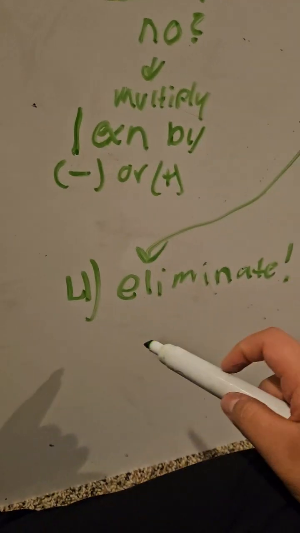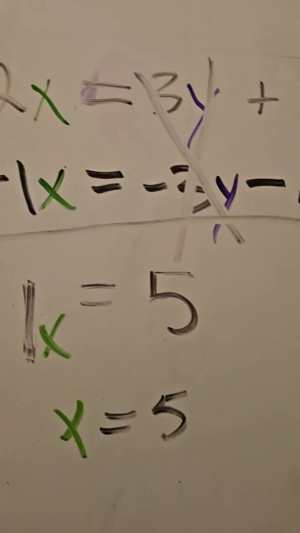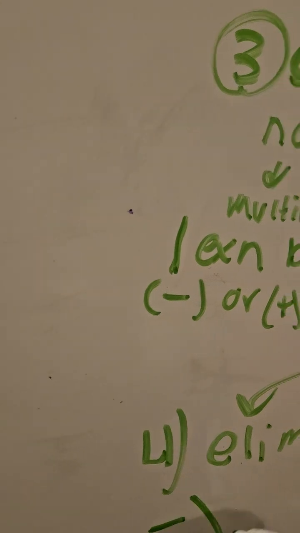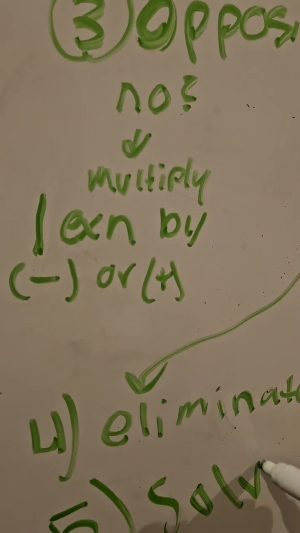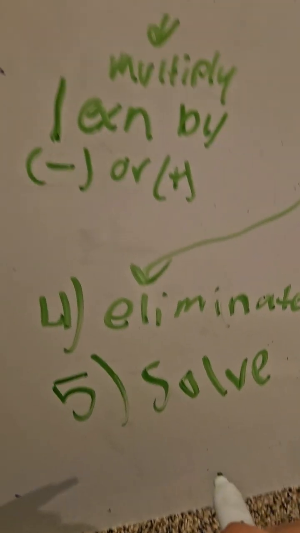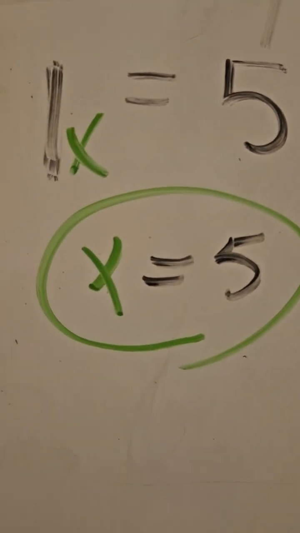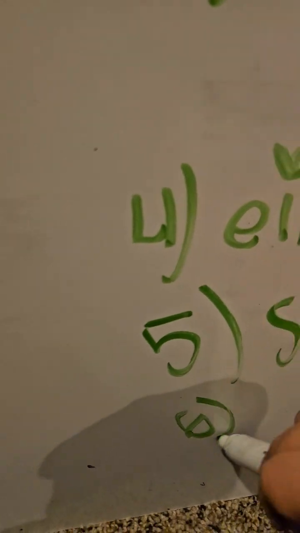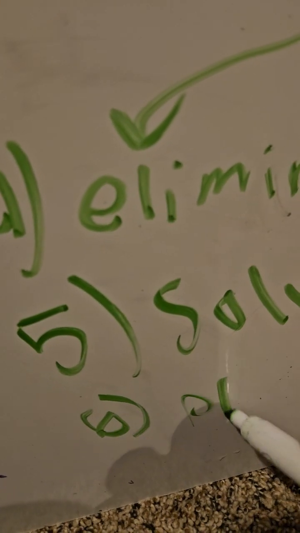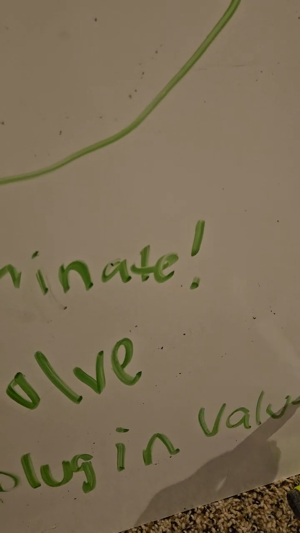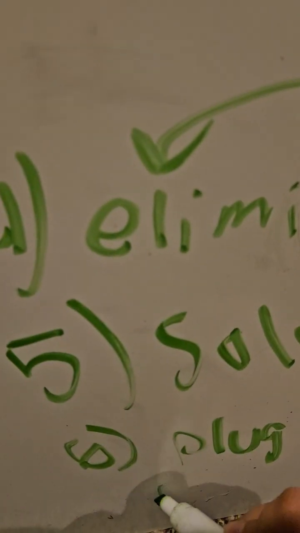So after we eliminated, we solved for the other variable. So solve. Okay, now we know that x equals 5, and we can go back and plug it in. So 6 would be plug in value to OG equation.